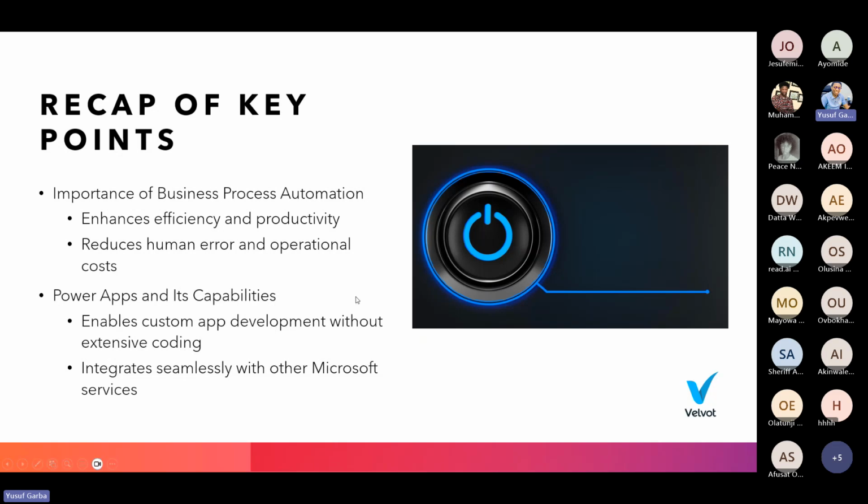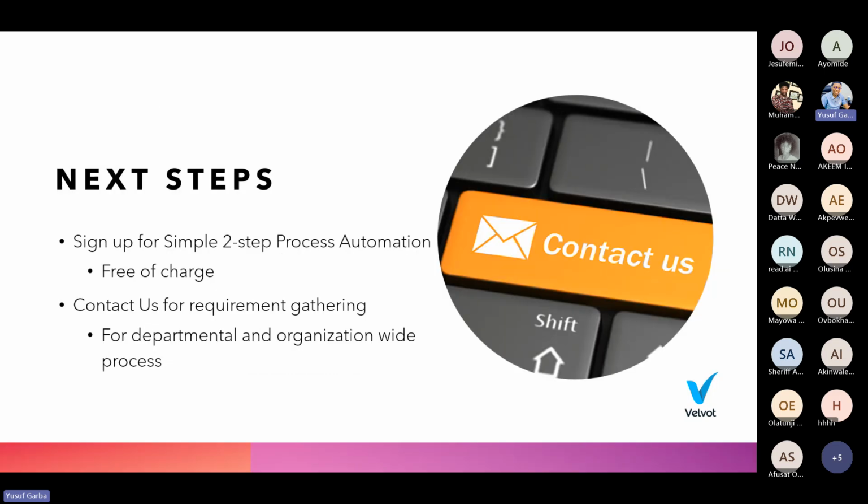I'm sure you are able to understand the power it carries, just like the name. You're able to see the power of that platform in action, the kind of applications that you can build, and how you can automate your business processes with it. And this is bringing us closer to the end of the webinar.